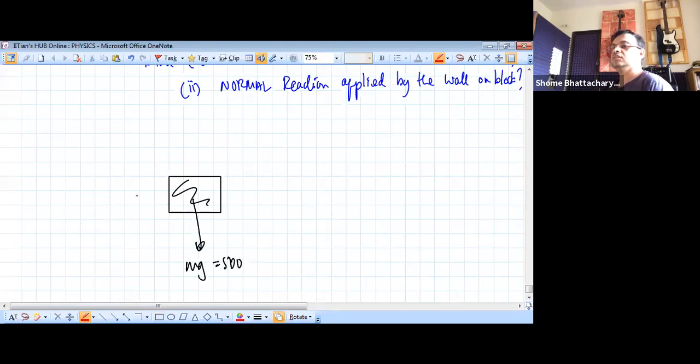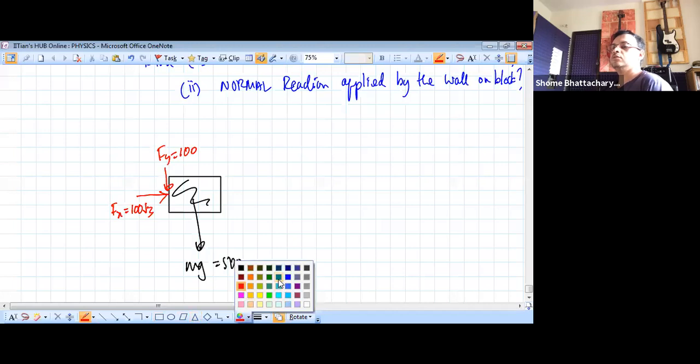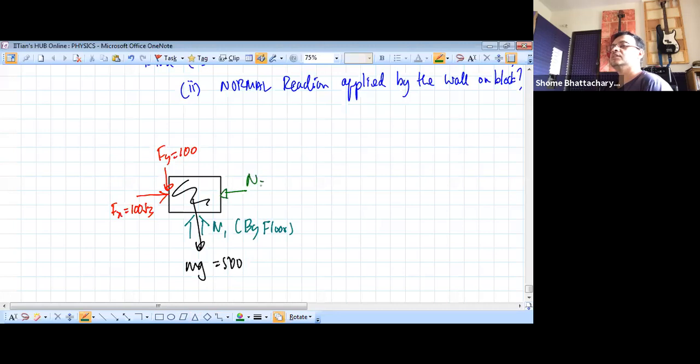Then this x component of force was 100 root 3, and the downward component of force was 100. Now the floor is pushing back with some normal reaction N1, let's say this is by the floor, and the wall is pushing back with a normal reaction, let's say N2 is applied by the wall.